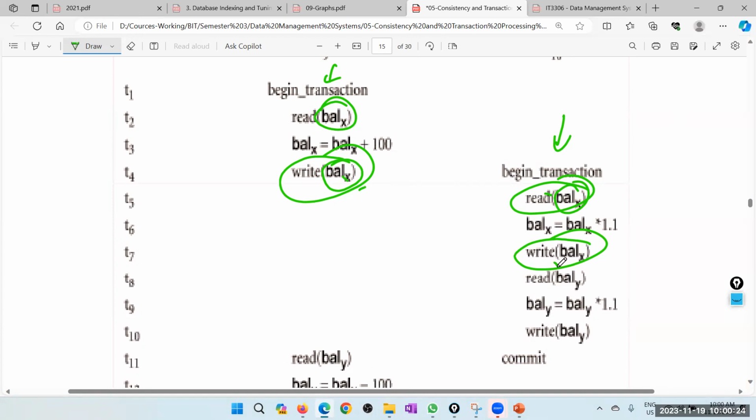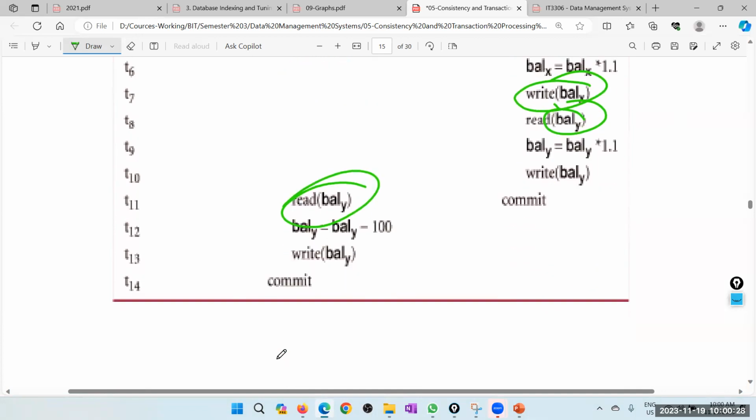This one is also referring to Y, and this one is also referring to Y, and both are writing Y also. So not just one, both are writing. So two different transactions, same data, one of the operations is a write. That is true for both X and Y. So therefore, there's definitely a possibility of conflict. Right? Our task is to check whether this is still valid.